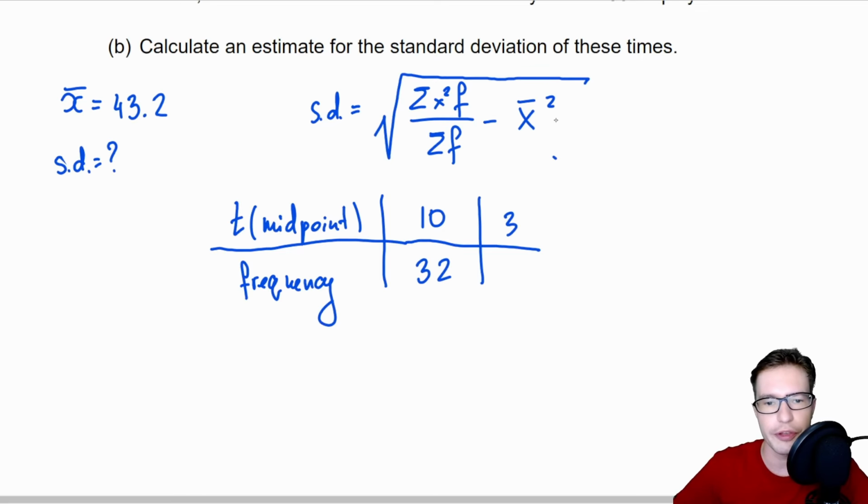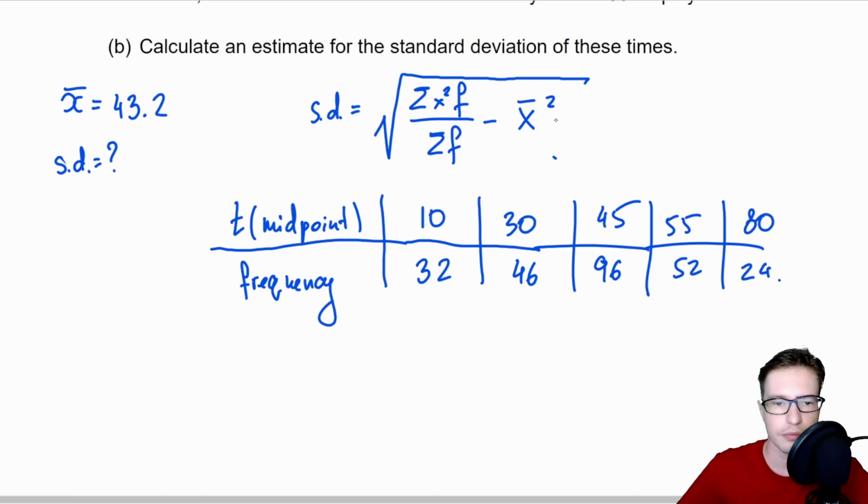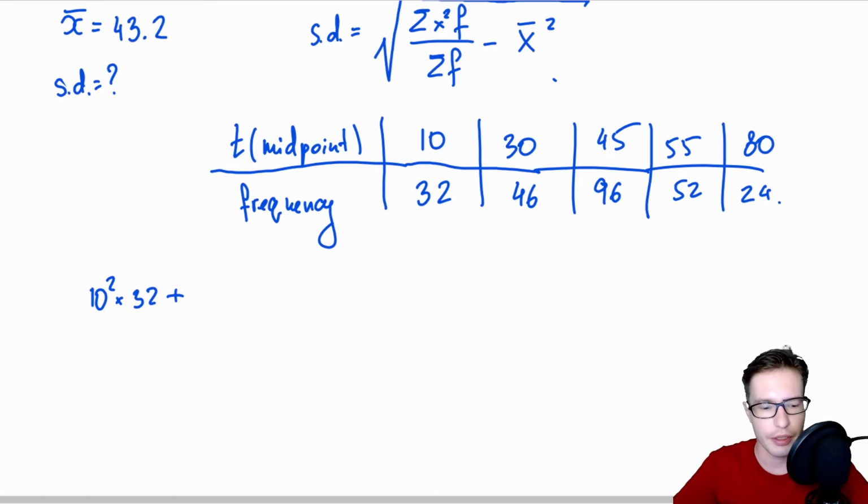Next midpoint is going to be 30, frequency 46, and so on and so forth. Okay, now we can use the formula: 10 squared times 32 plus 30 squared times 46, and so on and so forth. Continue.